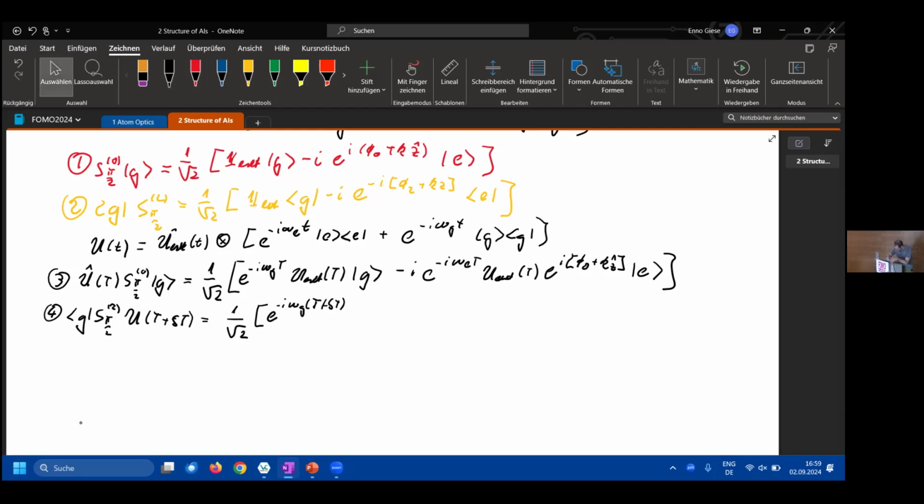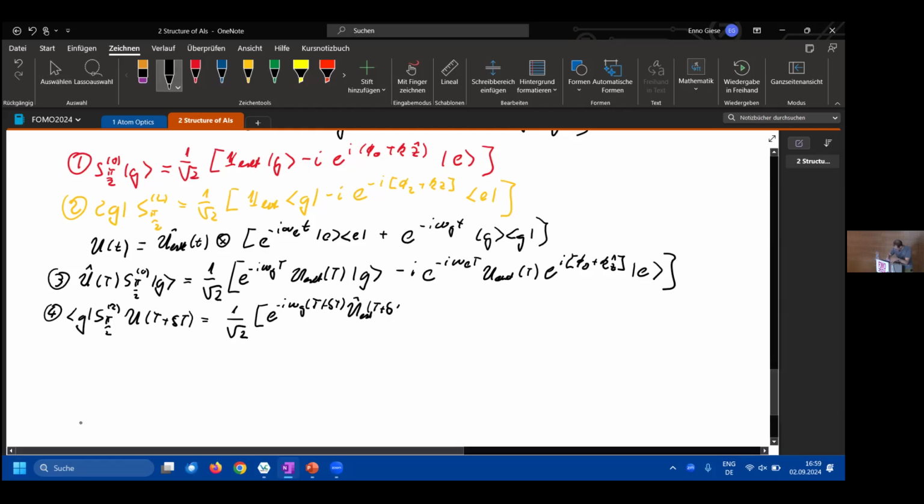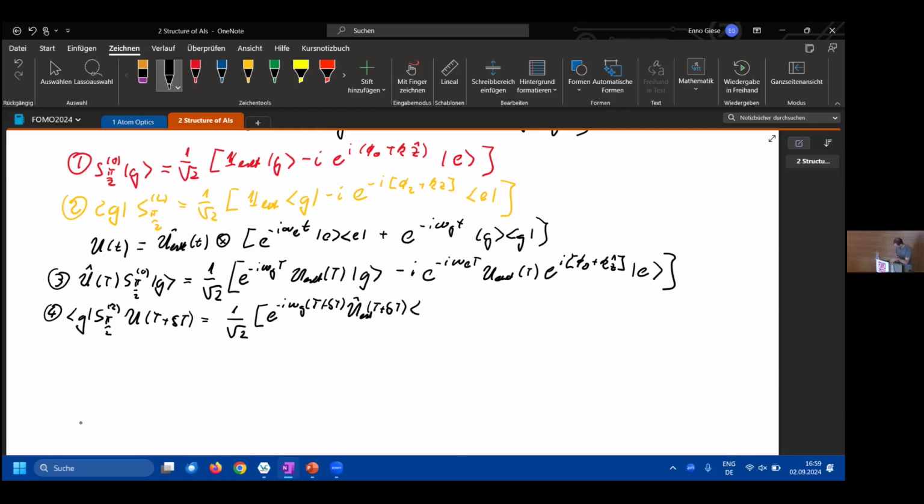And then you have U external of T plus delta T. And then again, the ground state from the left. Minus i e to the minus i omega excited times T plus delta T. So this is the time evolution in the excited state. Still times U external times T plus delta T.